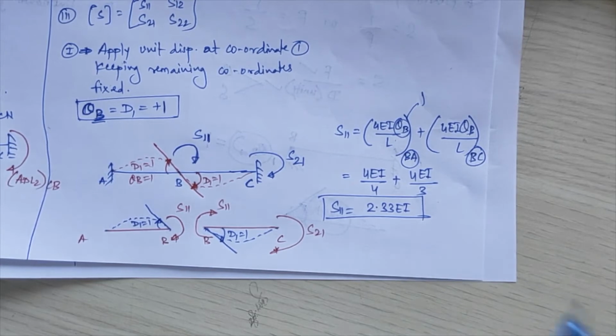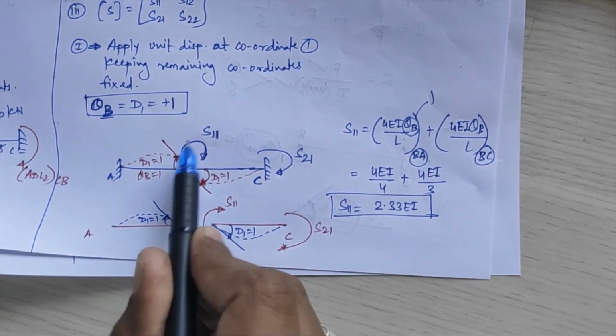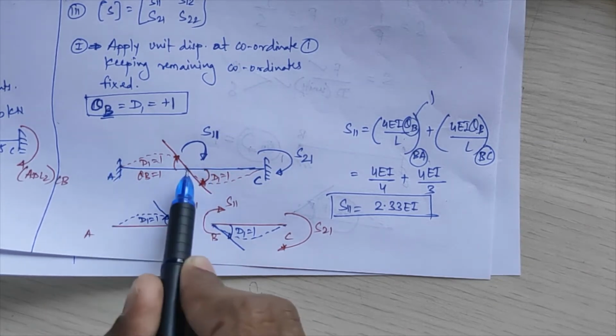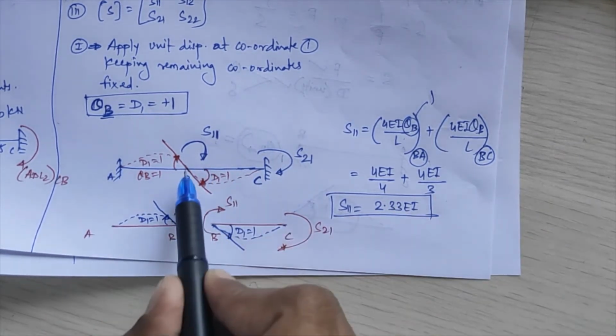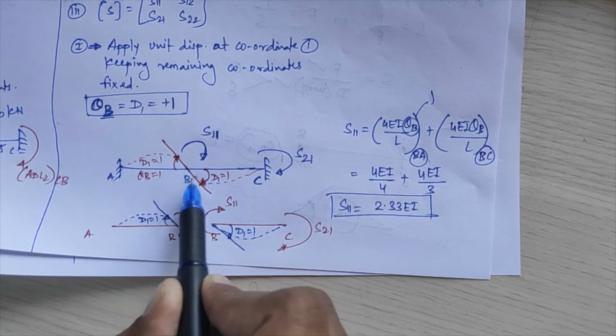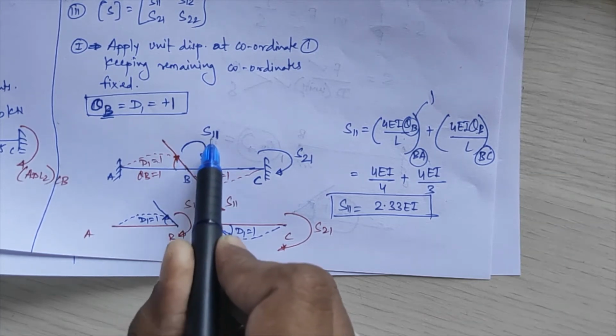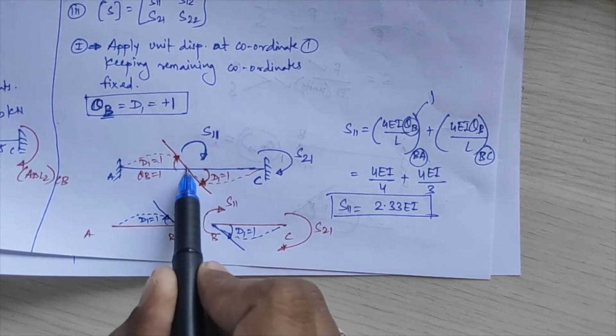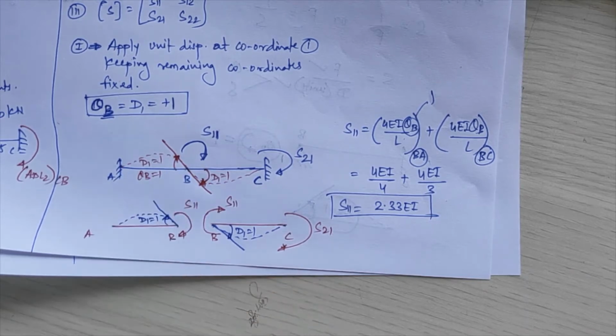How have we calculated this value? S11 is the combined moment action for BA and BC. If you apply unit displacement at your first coordinate and calculate the moment, S11, at that particular coordinate only, that will be your near end.